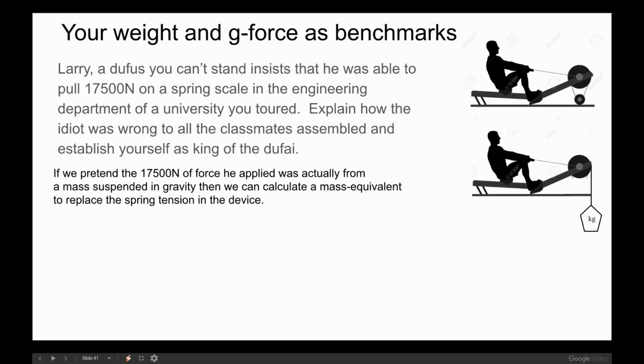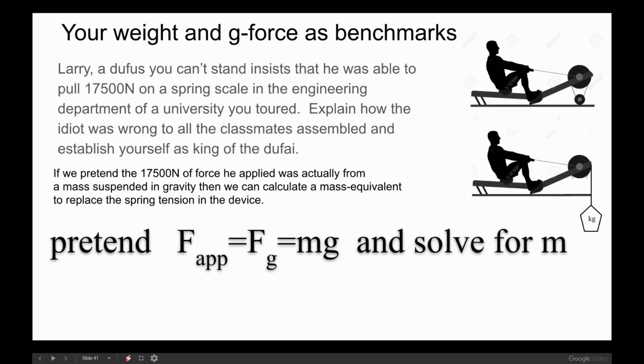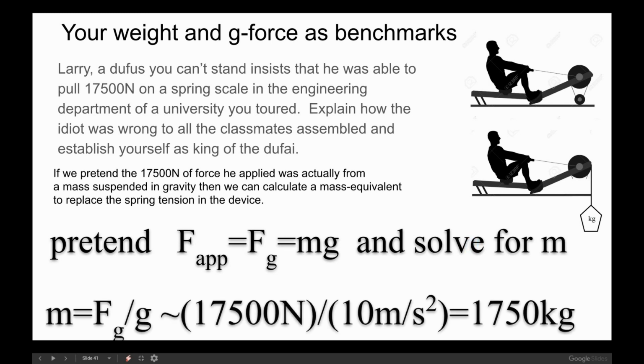You pretend that it was a mass suspended in gravity, what I call a mass equivalent to the force. You pretend that 17,500 newtons came from a hanging mass, and you get that Larry would be capable of lifting a 1,750 kilogram mass.